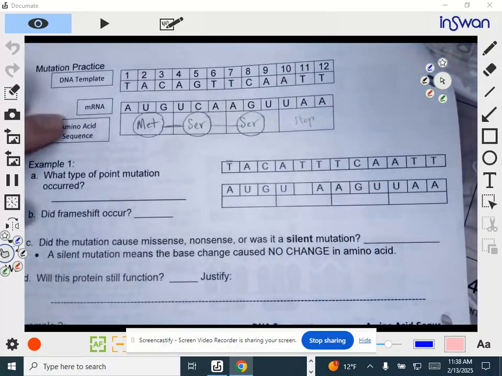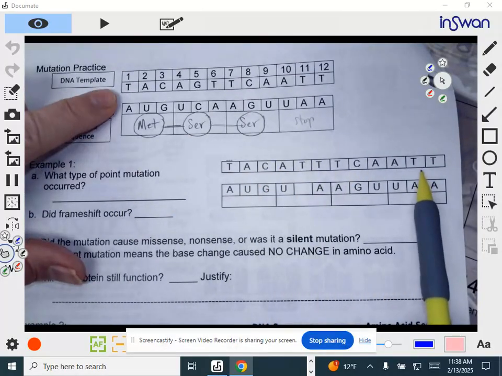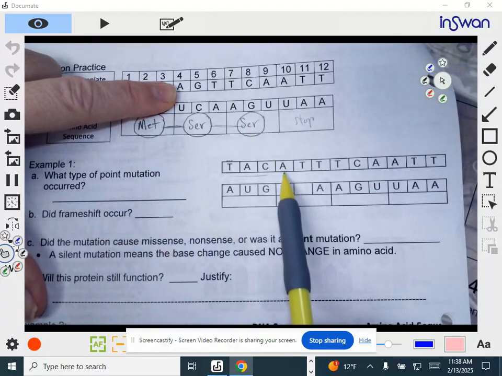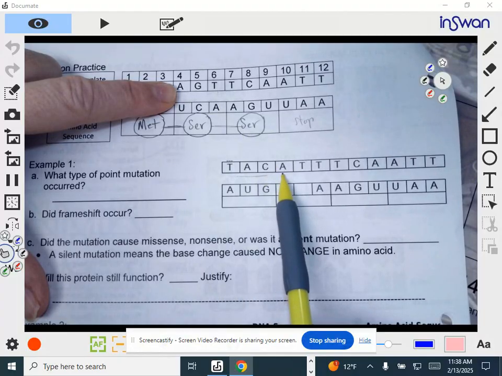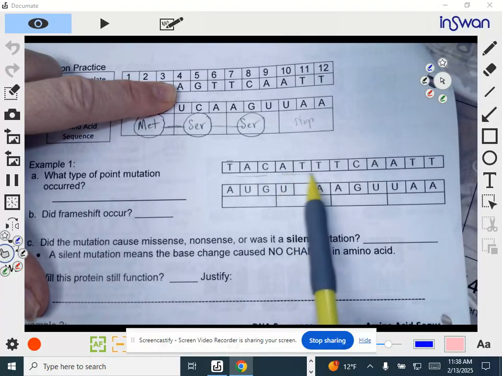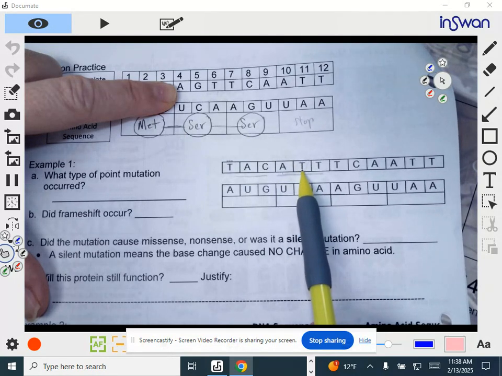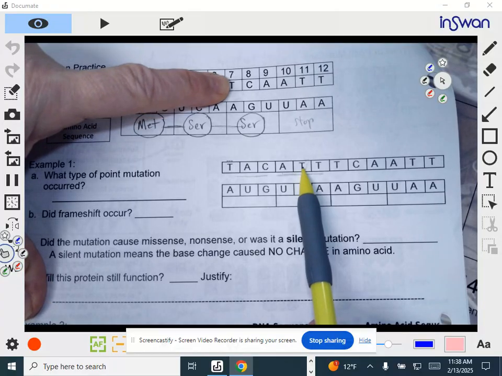So let's take a look here. And it says, what type of point mutation has occurred? So if we take a look at our DNA, I've got my TAC, it's right there. And then I have an AGT is what we should have. And it looks like right here, if I change this to the G, but let's make sure that AGT and then TCA.